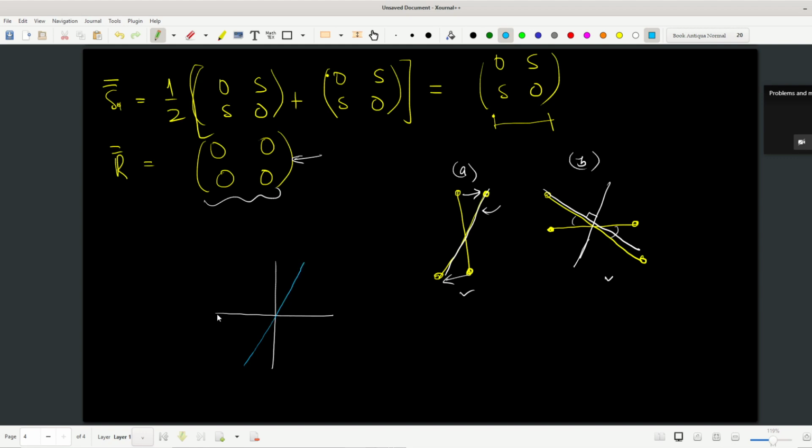Because of the gradient in the x direction, this particular line segment will become something like this. So this original 90 degree angle is still being maintained. So the physical intuition is clear, is it not?